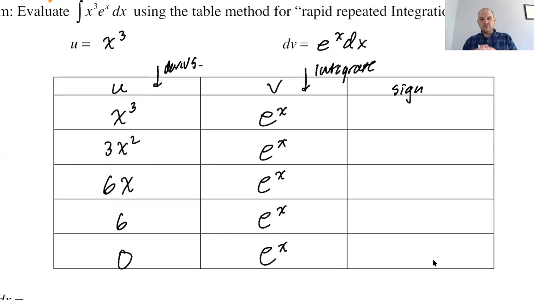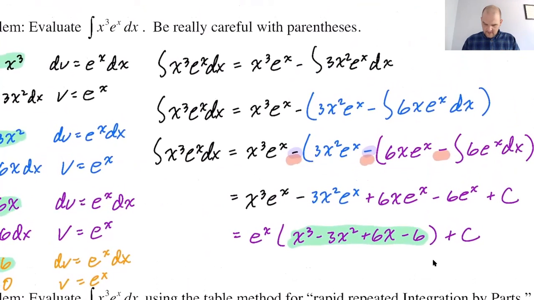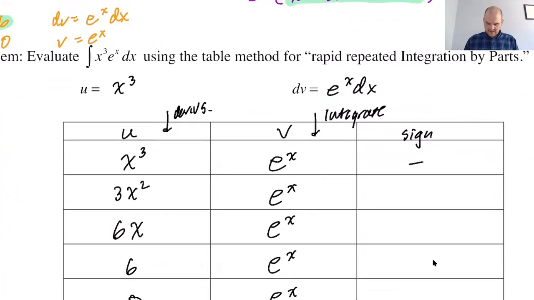All right, the sign. In the first row, basically what you're doing is uv, and then it's minus the integral. So this will be minus, and then the next time, look at our work, we had minus this, so that's going to be minus 3x squared e to the x.